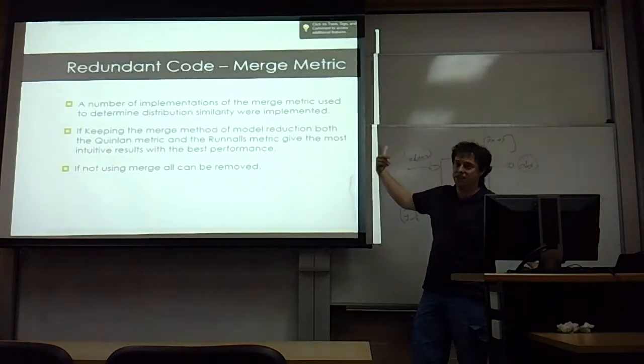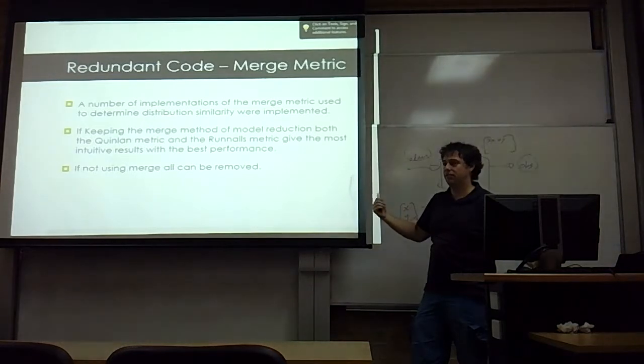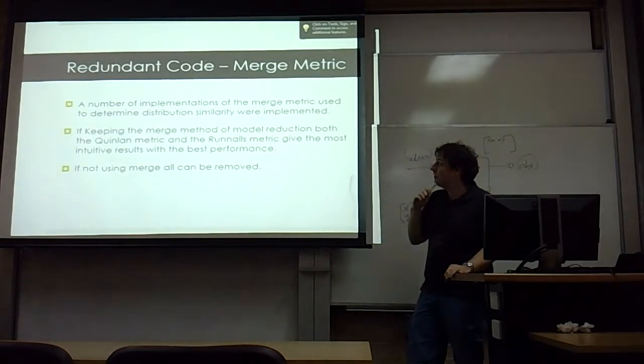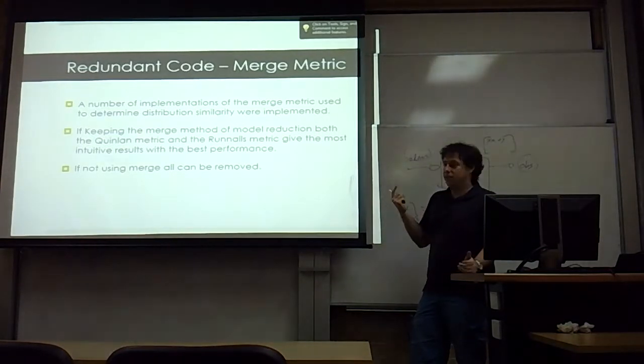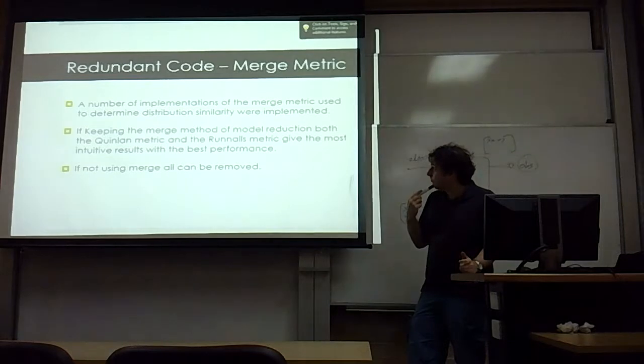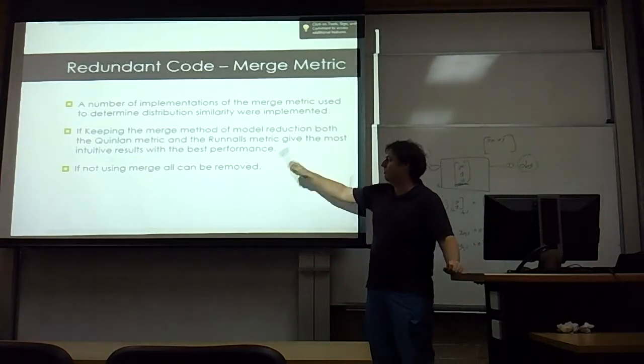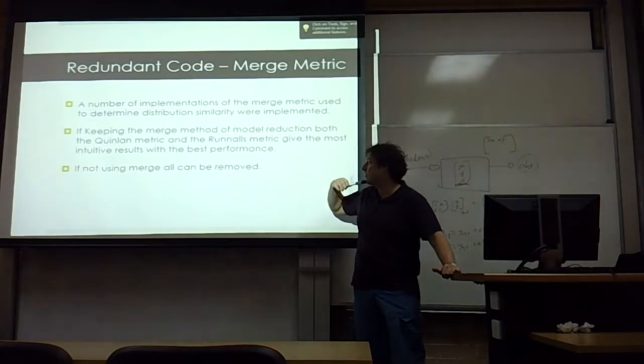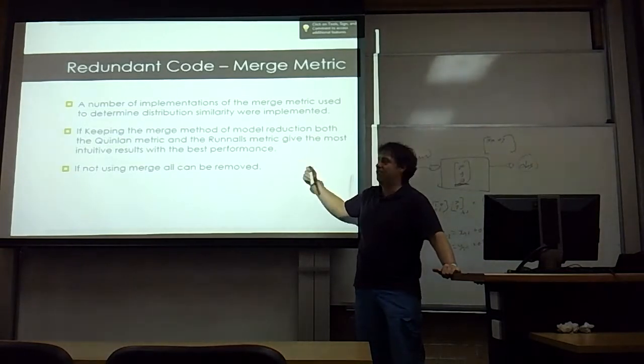The merge metric, I tried out a bunch of different metrics to determine how close the models were together. And so you can probably get rid of a few of them. There are 2 good ones, the Quinlan and Reynolds one, in the code. They give the most intuitive results.